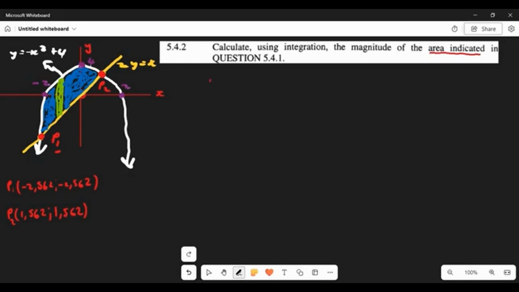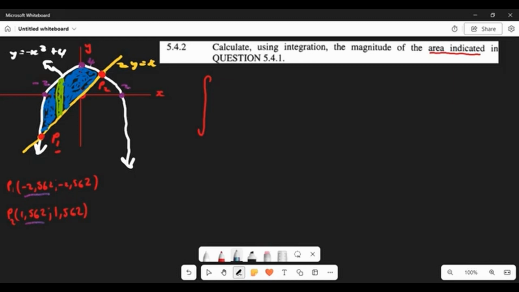We need to find our upper limit and our lower limit. Remember, we have 2 points here. We have P2 and P1. Now, we're going to look only at the x values of these points. Remember, these points, by the way, are the intercepts. So we're only going to take the x values of these points. The upper limit should be the highest number when it comes to the x values.